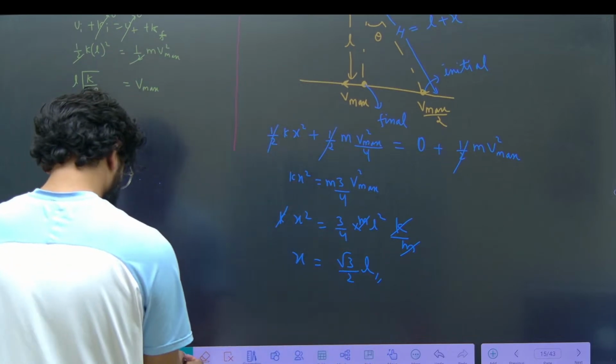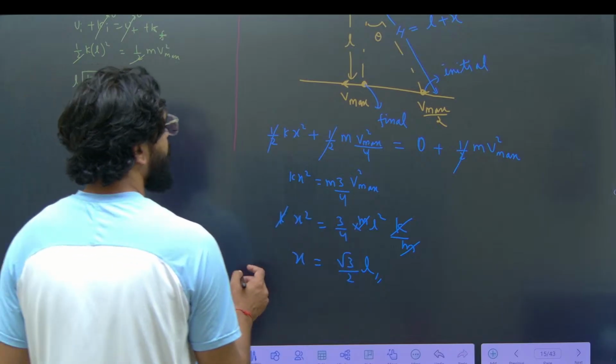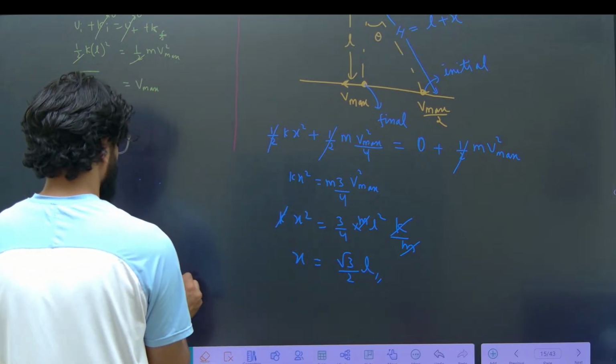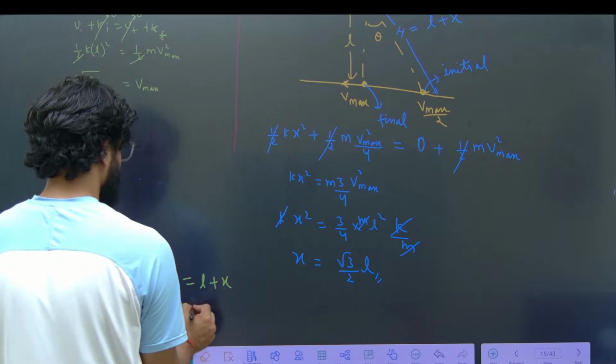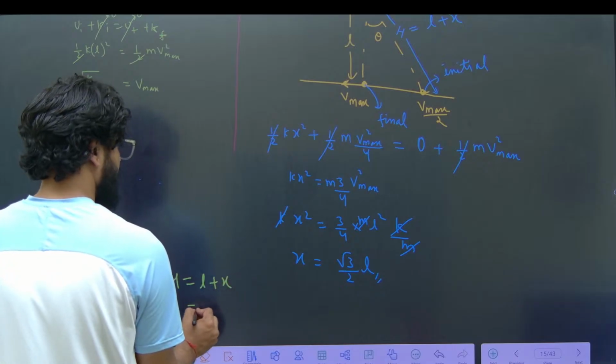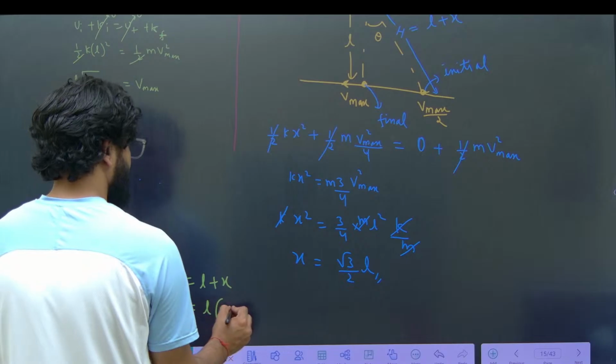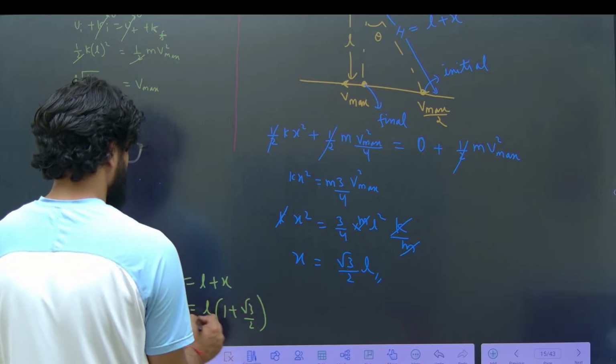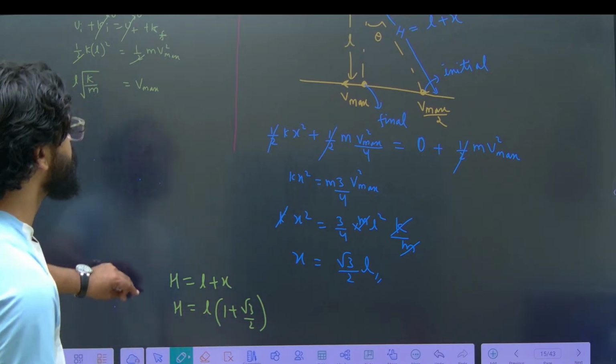So we can write h equals L plus x. So that is L plus root 3 by 2 L, that is h.